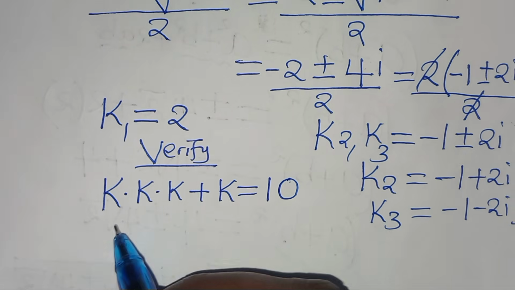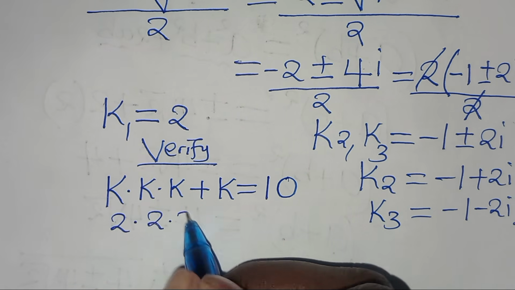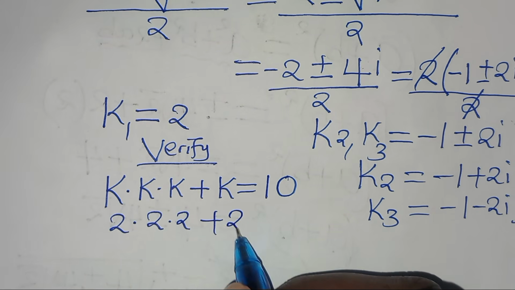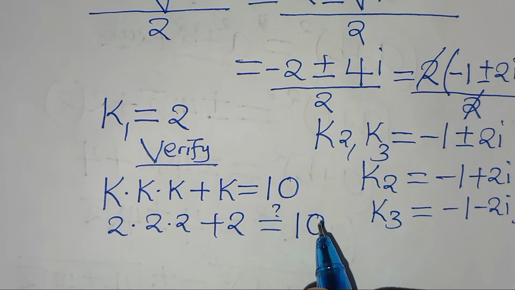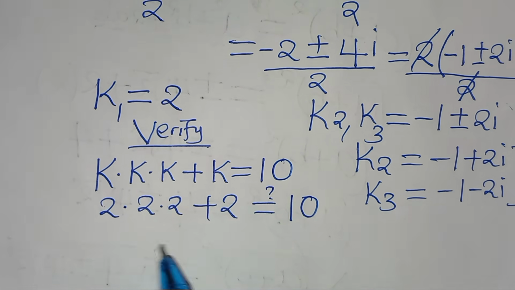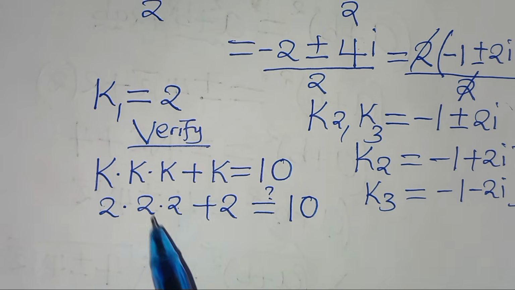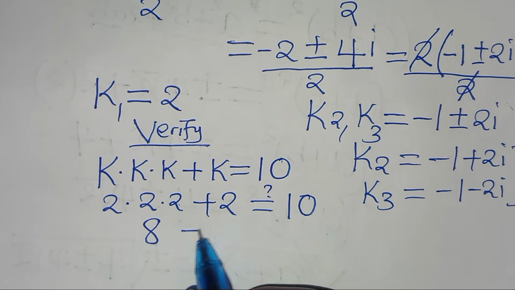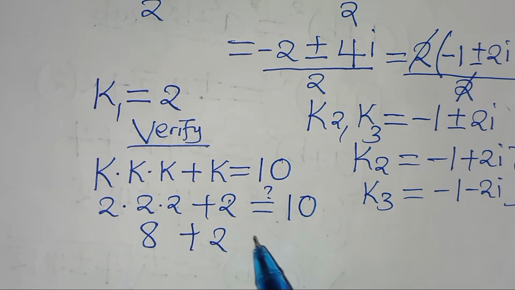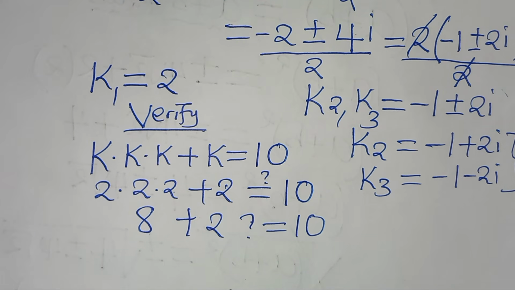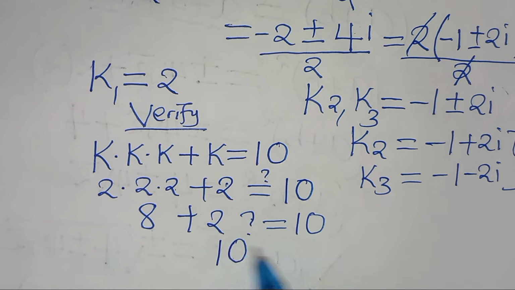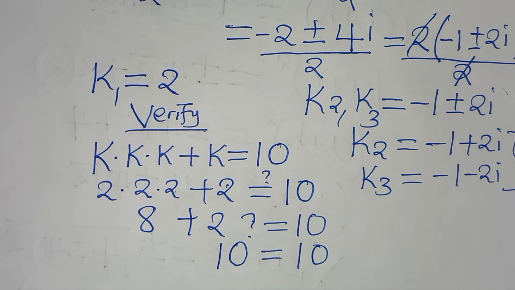Substituting 2, we have 2 times 2 times 2, then plus 2. This is supposed to give us a value of 10. So this implies that 2 times 2 times 2 is equal to 8, then plus 2 gives us a value of 10. 8 plus 2 is 10, and this is equal to 10.